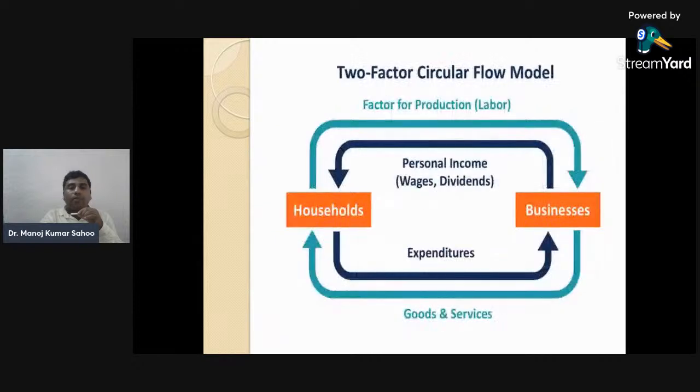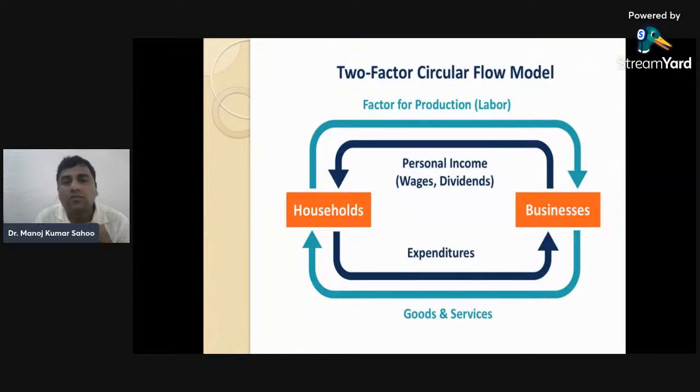Okay. Now we see there is a two sector model where income flows from one sector to another sector. Here two sectors are involved. One is the household sector, another is the business sector. Okay. Now household sector, this कॉपर सल्फेट कलर जैसे फर्स्ट एरो मार्क ऊपर की तरफ अगर आप देखा जाए, household sectors are providing factors of production, labor basically, because labor is an element of the factors of production.